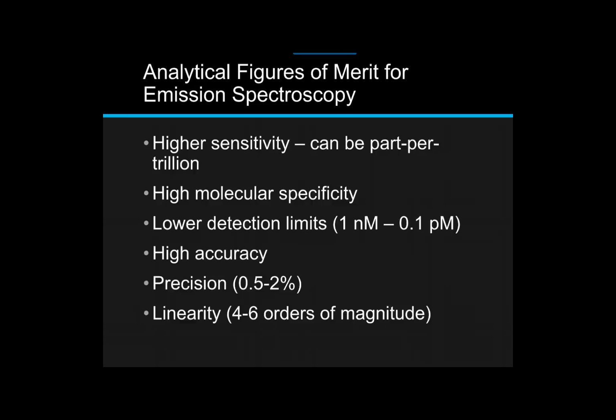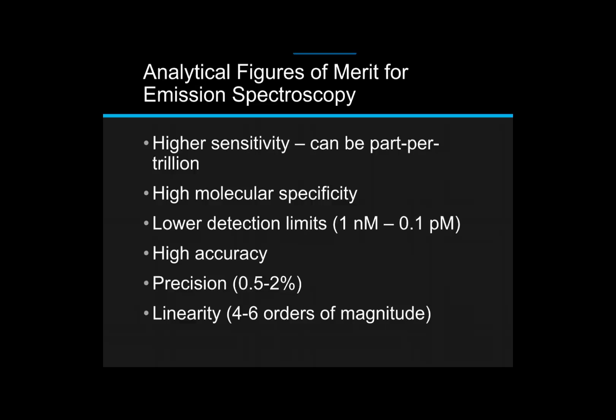So, compared to UV-vis, emission spectroscopy has a much higher sensitivity. In point of fact, it can actually be part per trillion if you have a very, very strong chromophore. The technique has a high molecular specificity because not all compounds that absorb, for example, UV visible light emit, and they don't all emit equally well.